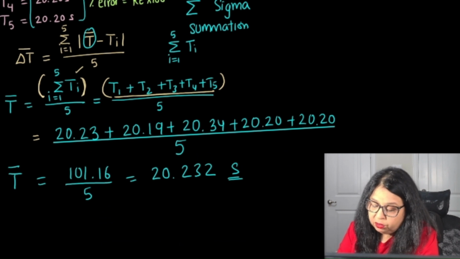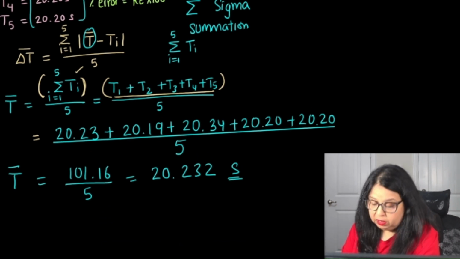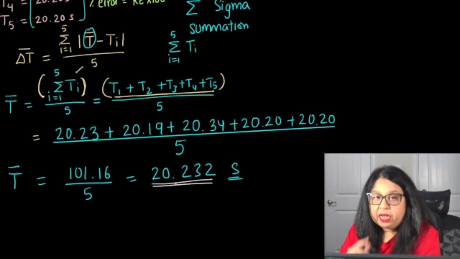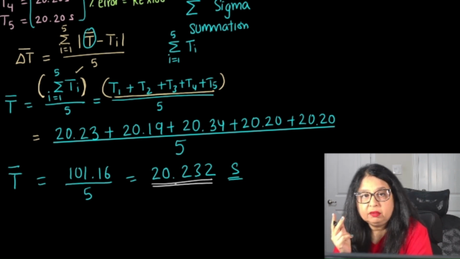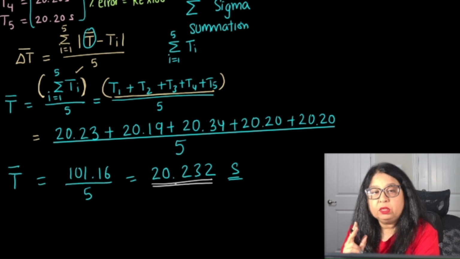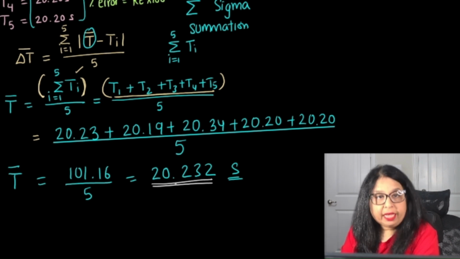Now, following the rules of significant figures, this answer should have how many decimal places? This should have only 2 digits after the decimal, following the rules of significant figures for addition.